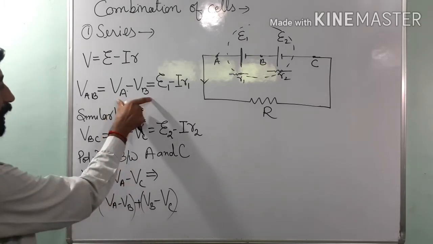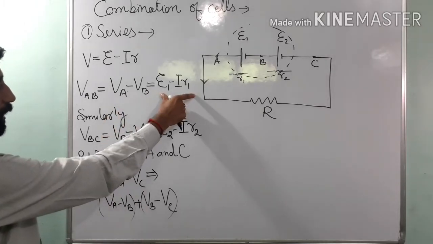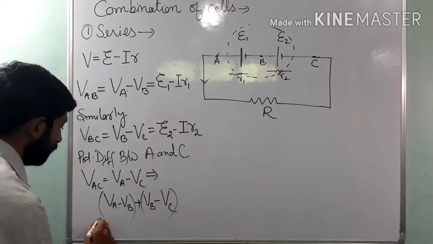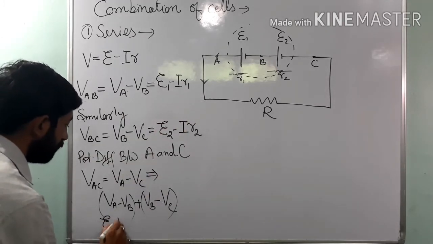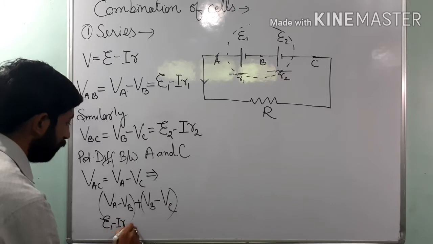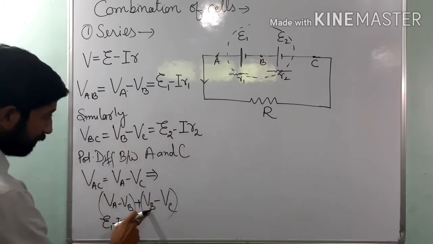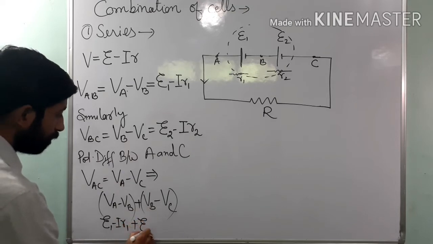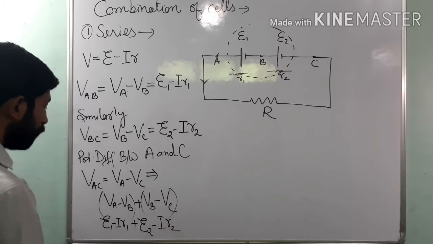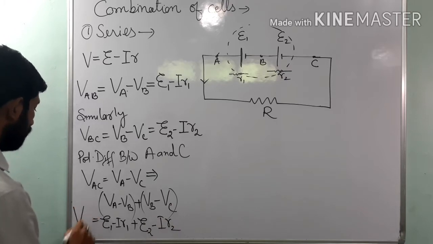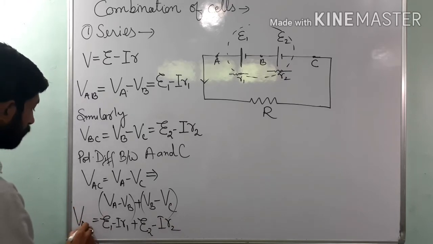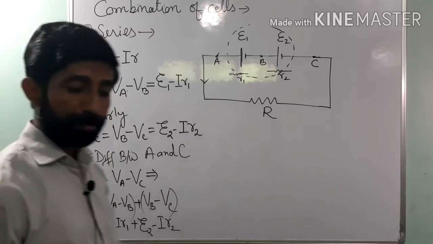Now VA minus VB is equal to E1 minus IR1, plus VB minus VC, which is equal to E2 minus IR2. And that is VAC. Now what is VAC? Can you define this?